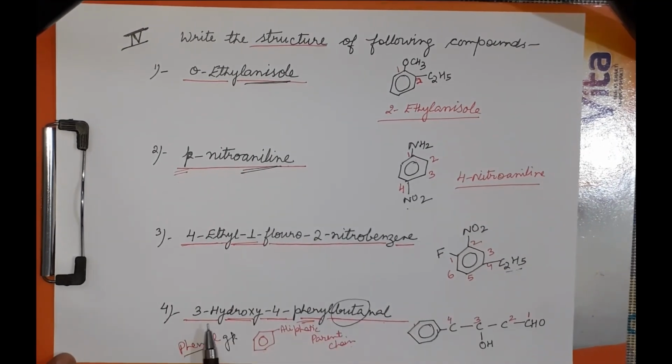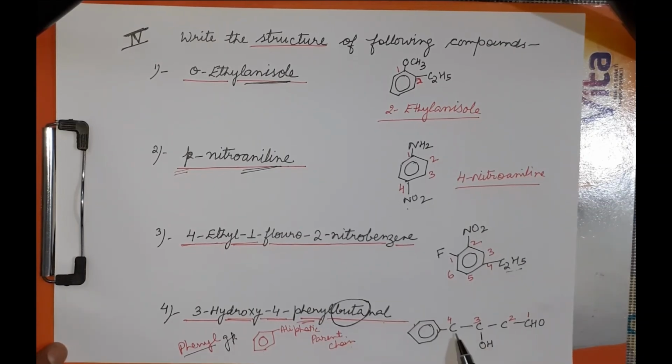This is another compound. Here we can see the name is written 3-hydroxy 4-phenyl butanol. So first let us see this butanol. This is the parent compound. It is having 4 carbon atoms.